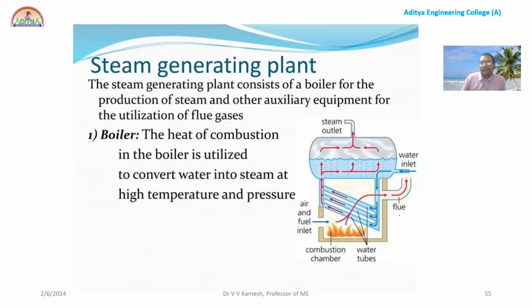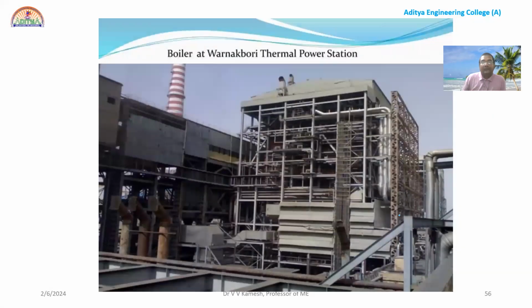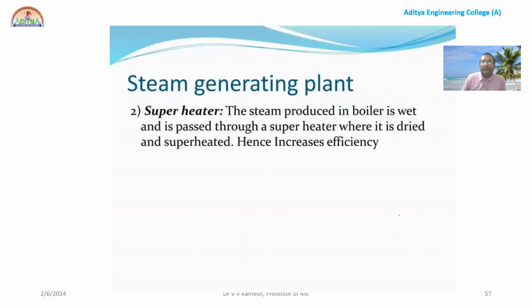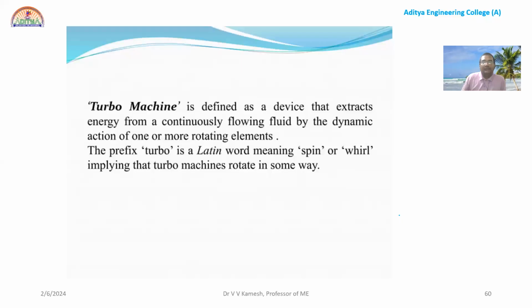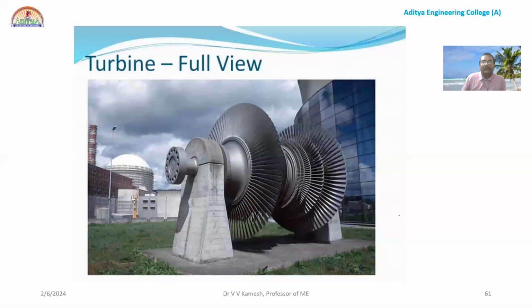So what are the different functioning main heroes, right? Boiler, superheater, economizer, and turbine. And this is the steam turbine outer view, right? So the main thing is to rotate this.